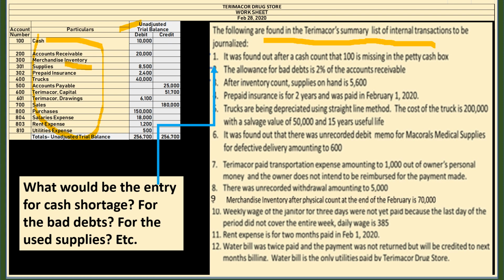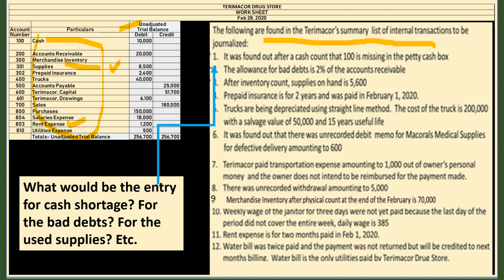Now, number 4 item is prepaid insurance is for 2 years. Take a look at this one. The supplies was recorded using the asset method because the supplies account was debited. This time, it is the rent expense which has been debited, although a part of that expense is a prepayment for the next month.